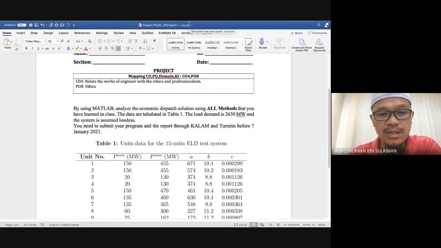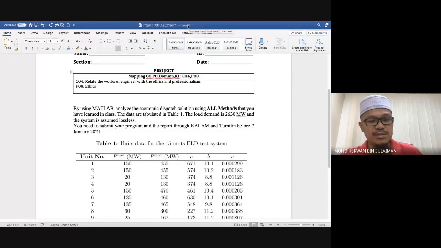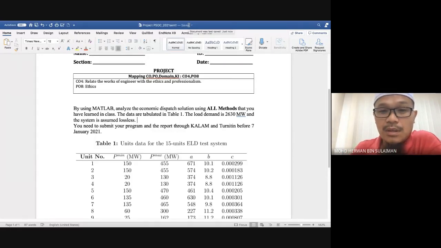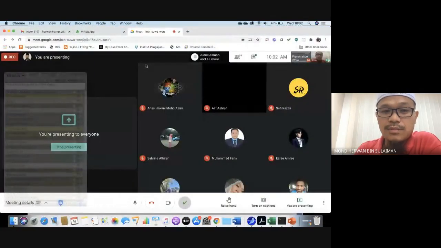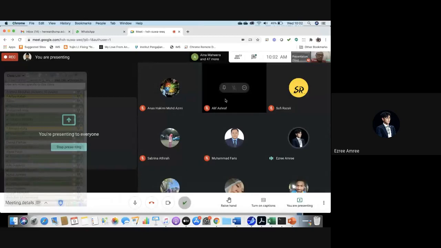It's like killing 2 birds with 1 stone lah. I can give you extra marks for the several methods we have learned, right? So that method you need to do programming, and for those who want extra marks, you can use any optimization technique available in the literature. Boleh? Boleh sir.